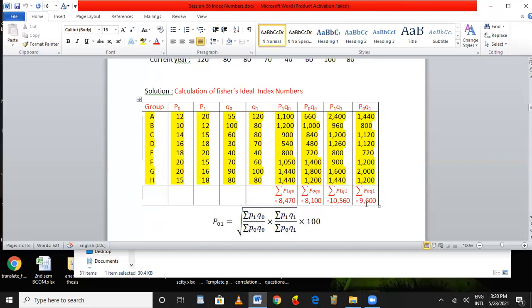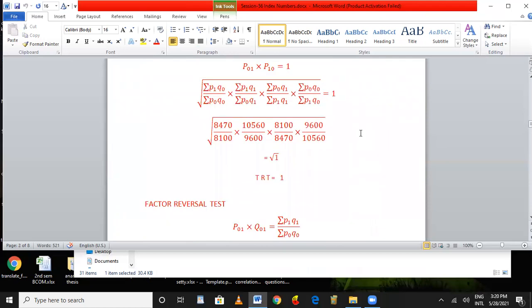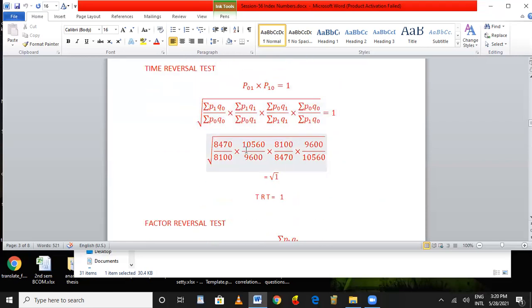P0 Q1 is 9,600. Then P0 Q0 is 8,100, P1 Q0 is 8,470, P0 Q1 is 9,600, P1 Q1 is 10,560. So here we have inserted all the values, and we have to get the simplified value.